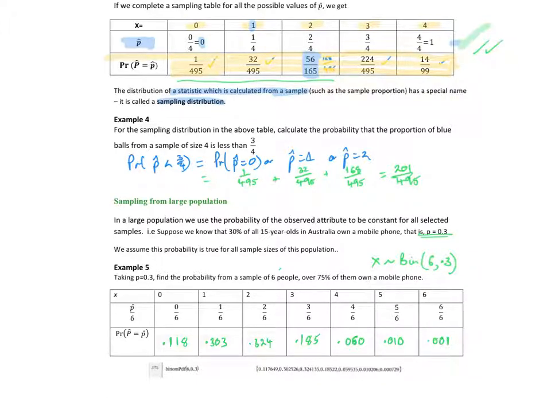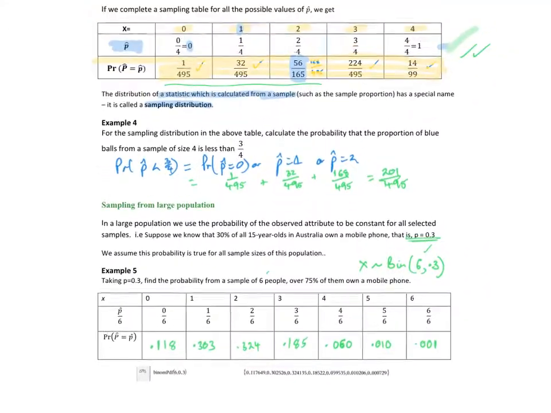Okay, so because my proportion P is constant, it's not changing, it becomes a binomial distribution. All right, and so there's our range of values that we could possibly get.